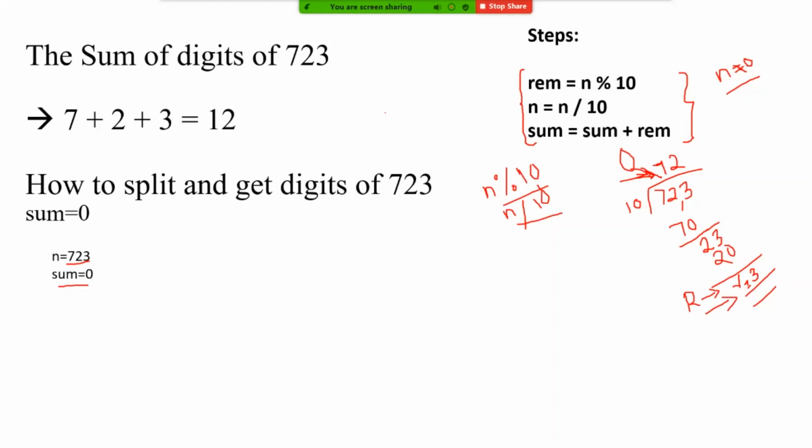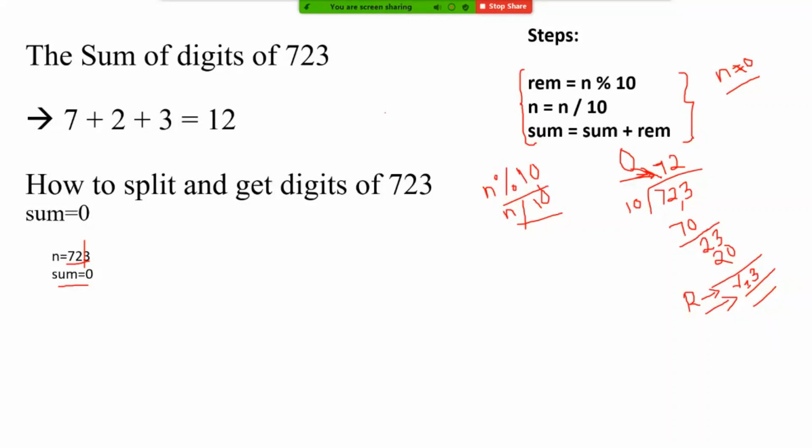So 2 steps are required in order to split a particular number. Our number is 723, right? To split the number into the last digit and the remaining part. If you find the remainder, you will be able to extract the last digit of the number 723.